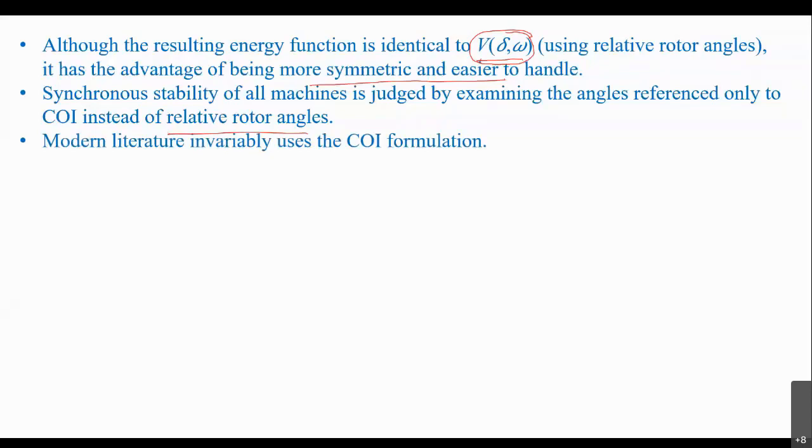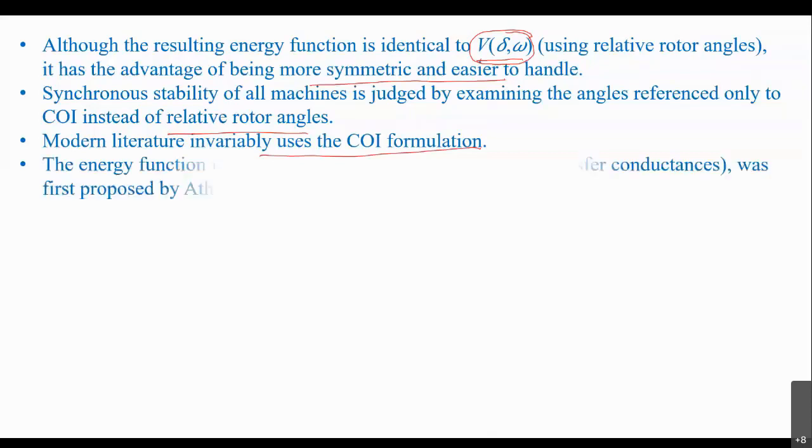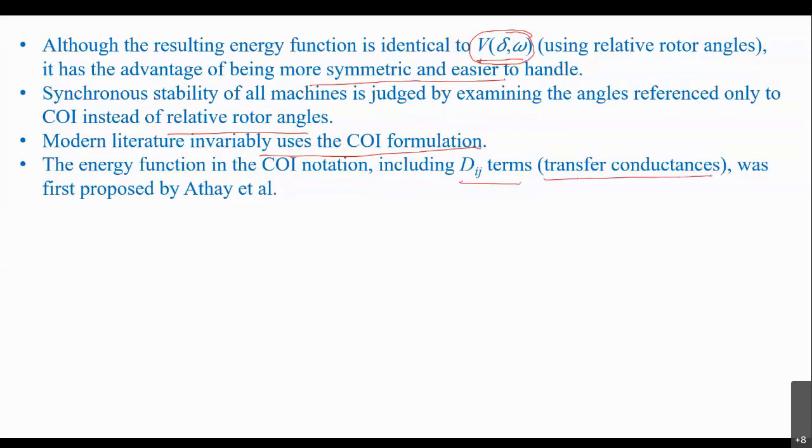Therefore, modern literature invariably uses the center of inertia formulation. So whatever modern literature is coming, it is very important for those who are doing research in power system stability that the center of inertia formulation is important for them. The energy function in COI notation, including Dij terms, that is the transfer conductances, was first proposed by Athay et al.